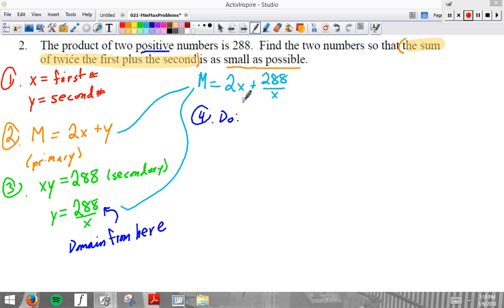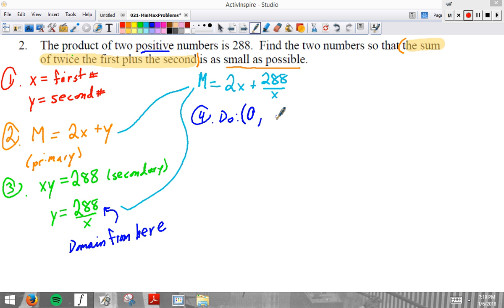Since x has to be positive, we have 0 as a lower bound, and we can't be 0 either. It's commonly overlooked that 0 cannot be positive. It's neither positive nor negative. So if I say I want a positive number, I'm excluding 0. If I say I want a negative number, I am excluding 0. If I say I want a non-negative number, that's when 0 can come in. But positive and negative mean not 0. Anyway, is there a largest number for x?